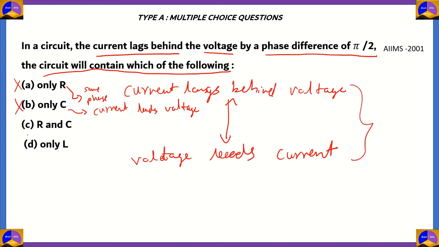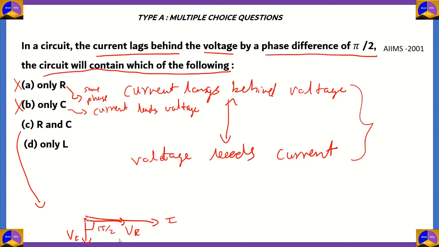What about option C, an RC circuit? So in an RC circuit, we will have VR in phase with the current I, and we will have VC, which is lagging the current by a phase difference of pi by 2.